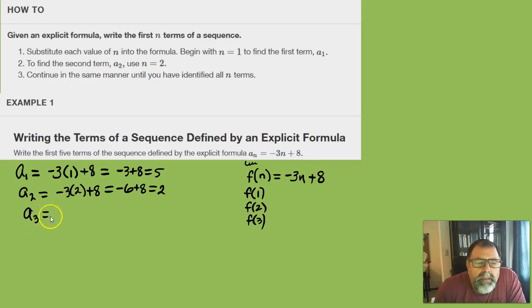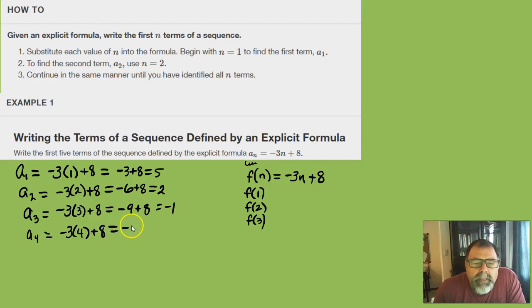A sub 3, negative 3 times 3 plus 8, is negative 9 plus 8, which is negative 1. A sub 4 is negative 3 times 4 plus 8, which is negative 12 plus 8, which is negative 4.